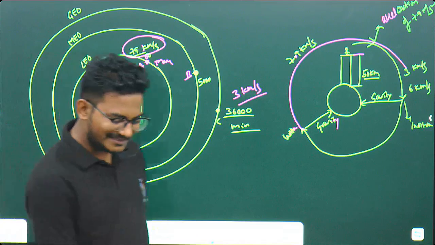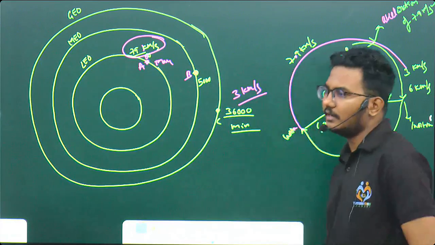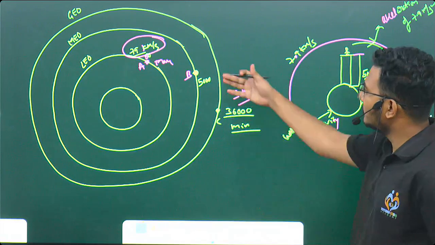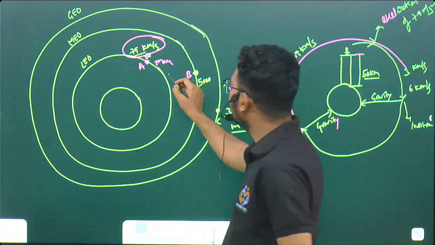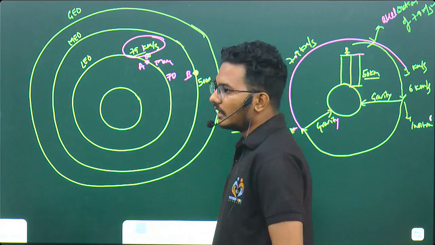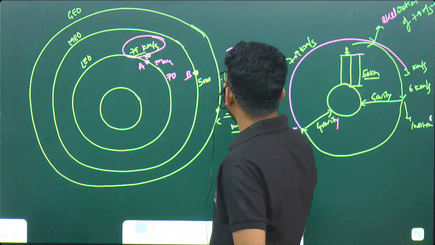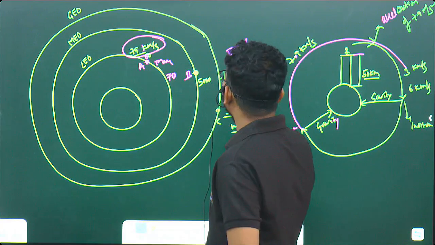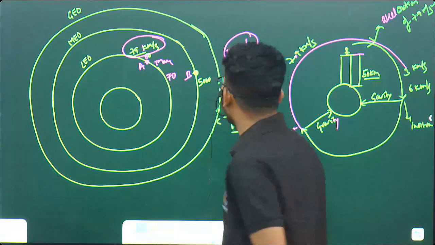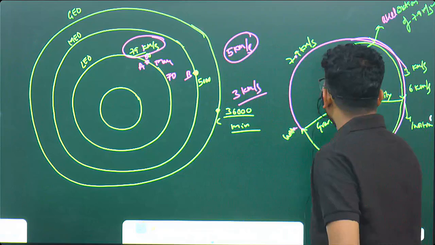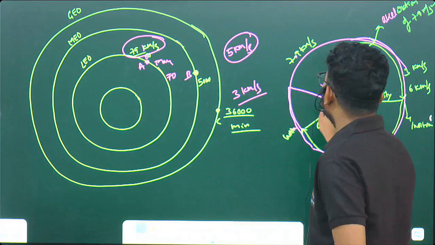Okay. Now let's say I'm an ISRO scientist. I have sent a satellite somewhere around 70 kilometers, and I have given a wrong calculation. I have sent it at a speed of 5 kilometers per second. Now what will happen is it will rotate for a time, and then it will fall down.